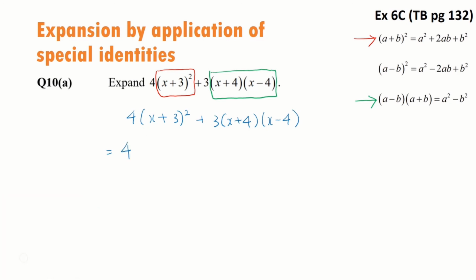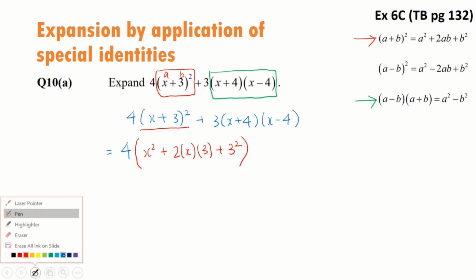Maybe let me just color code it with red here. So this one, my a is actually x and 3 is actually the b. So I must have brackets. Okay, a squared is x squared plus 2, a is x, b is 3 plus b squared, so 3 squared. Okay, so I have these brackets to match that up.